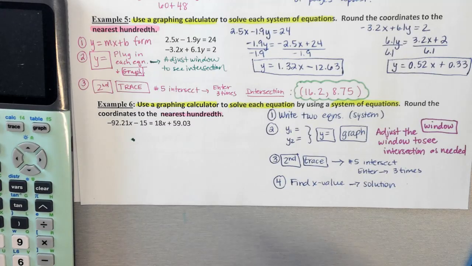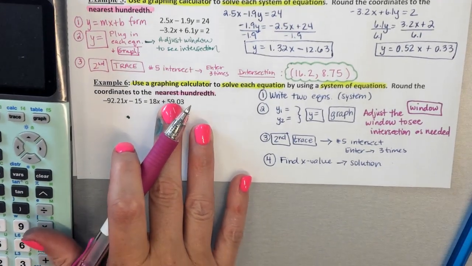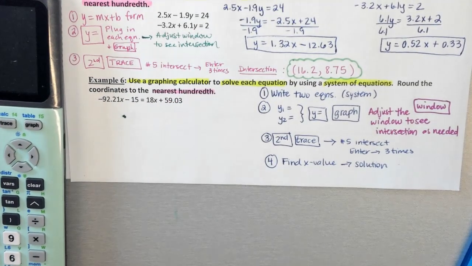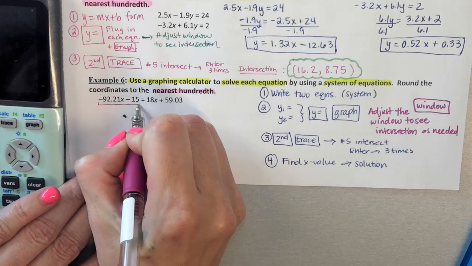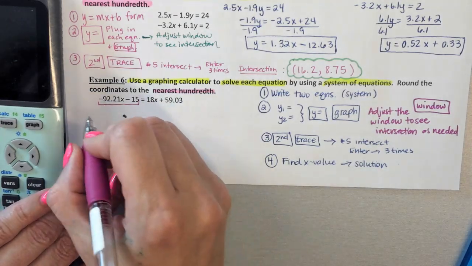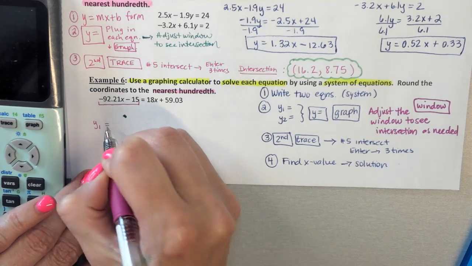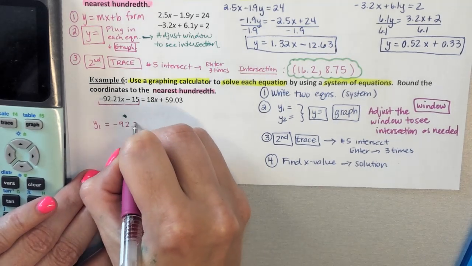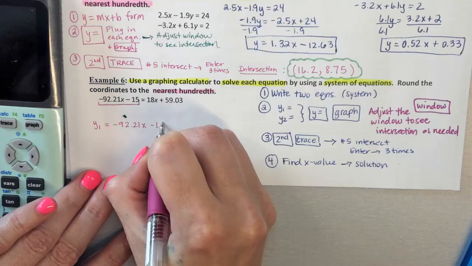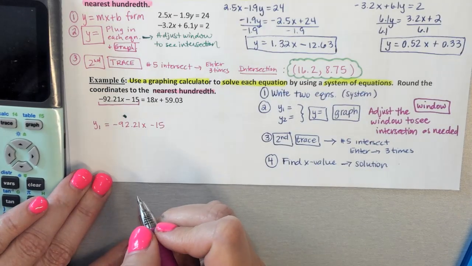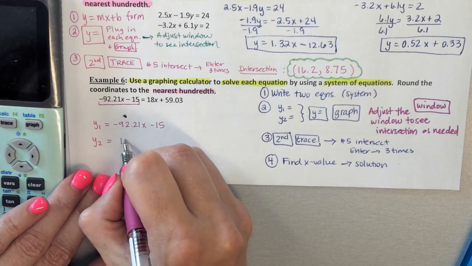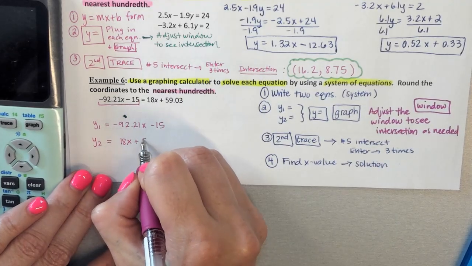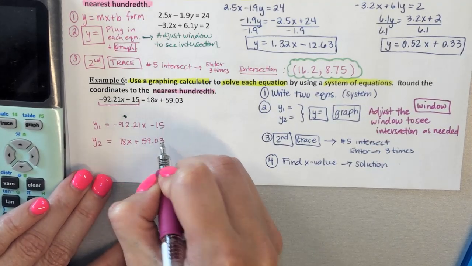Because you are solving the equation here for your value of x, when you write your 2 equations, one side of the equation is your y1. So your y1 is negative 92.21x minus 15. Your y2 is 18x plus 59.03.